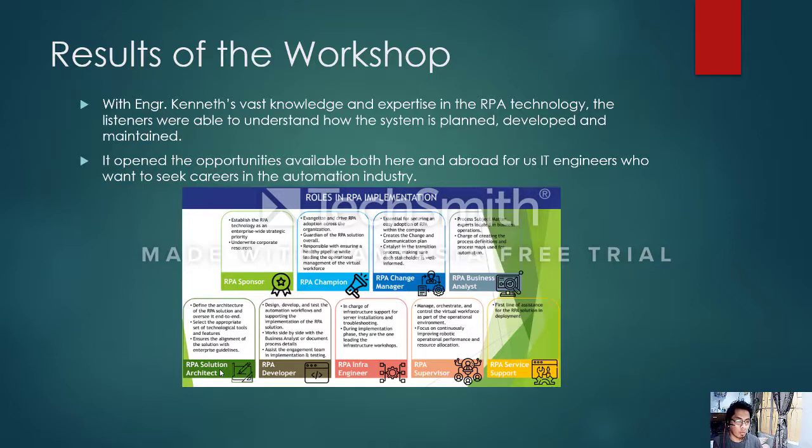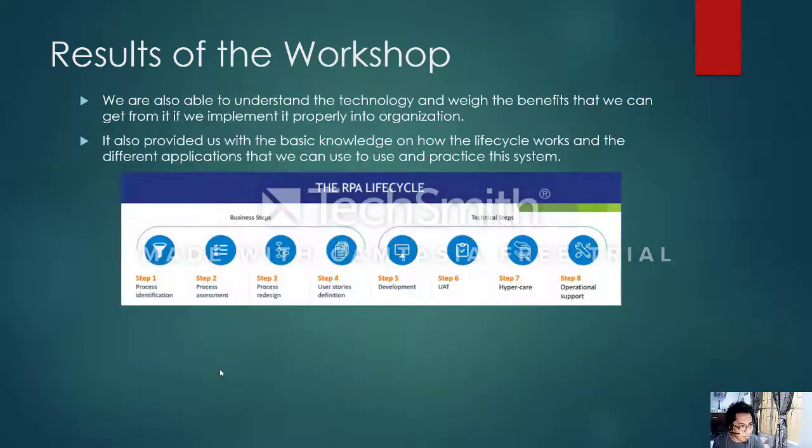Basically, all of these roles need to be collective and interacting with each other so that they can implement a single project. It's not just a developer that's doing it. There is also an infra engineer, an architect, a supervisor, and everything. Basically, it's a full project that needs to be done, scheduled, monitored, and maintained.